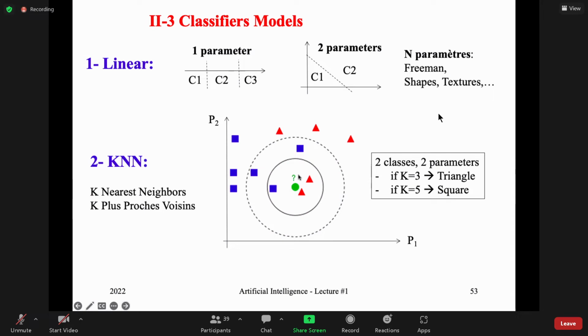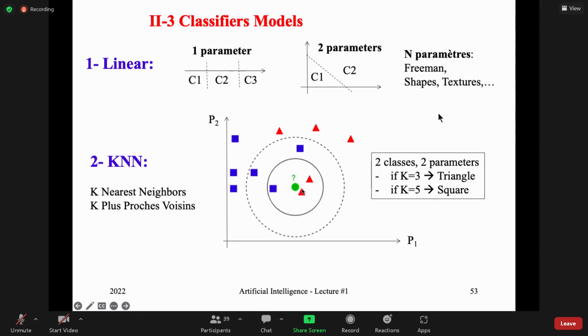So what do I mean? In fact, here I have a new measurement to do. I want to recognize this shape. The question is, that is a green position here. So the question is, is it a square shape or is it a triangle shape? That is the question.